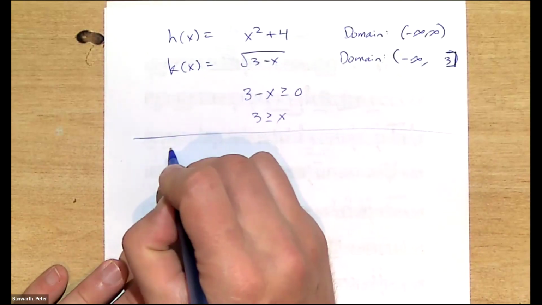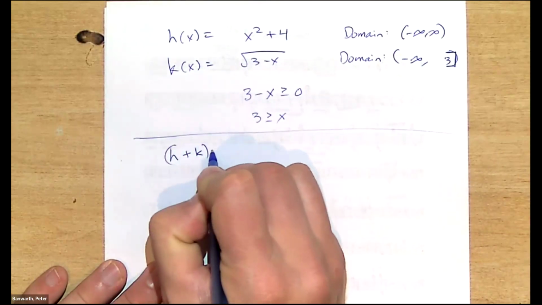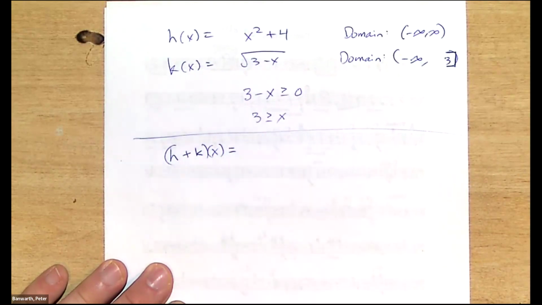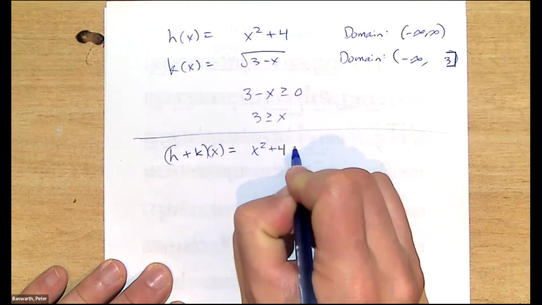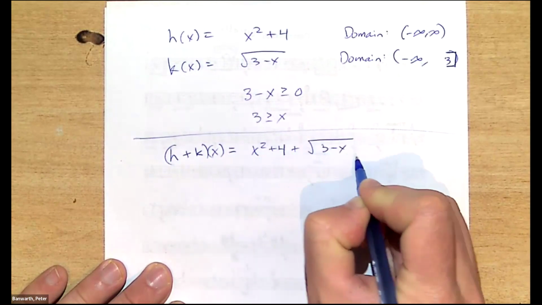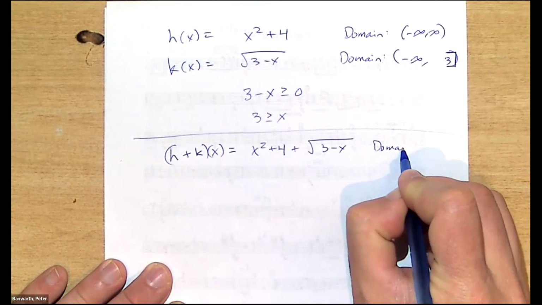So now let's do h plus k of x. This is okay because we're not actually going to simplify this one anyway. Like we could. No, we couldn't really. That's x squared plus 4 plus the square root of 3 minus x. And what's its domain?